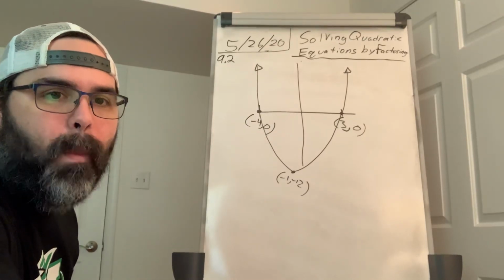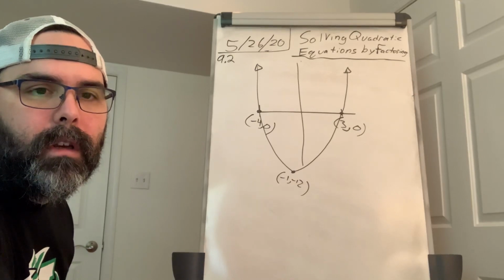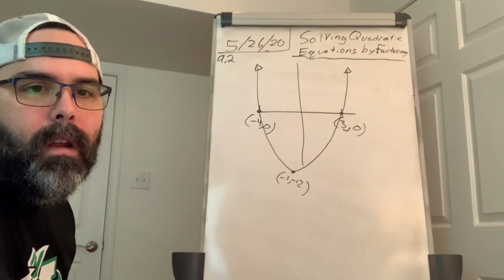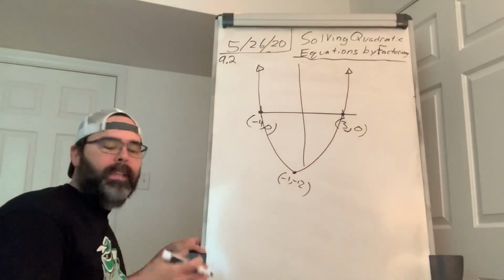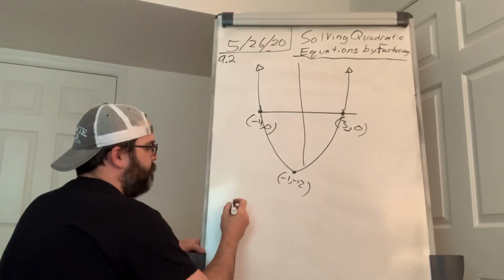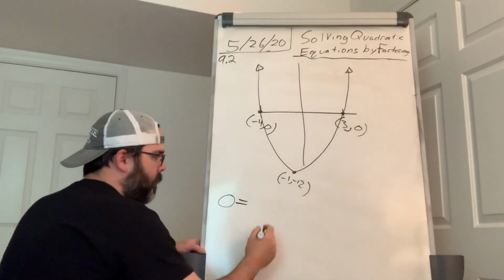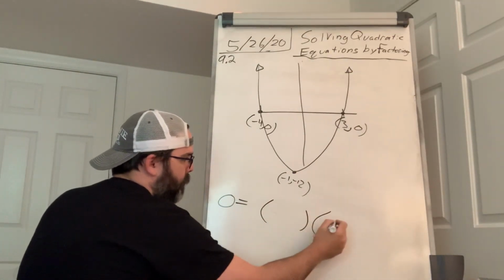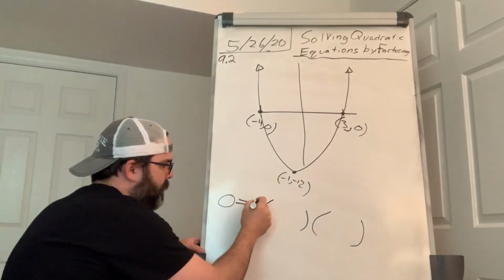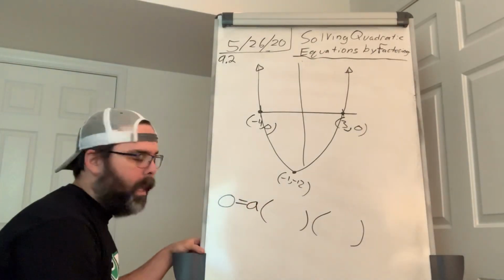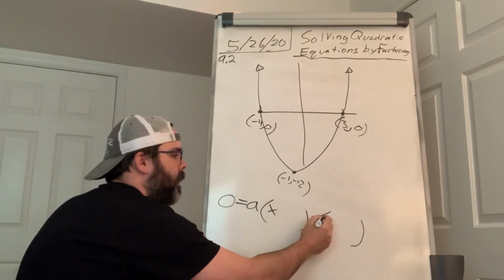So how do we do this? All right, so we know that it's going to be something like this. 0 equals something times something, right? And I'm just going to add this in here. There's something out front, a. All right. Now this is going to be x and x.